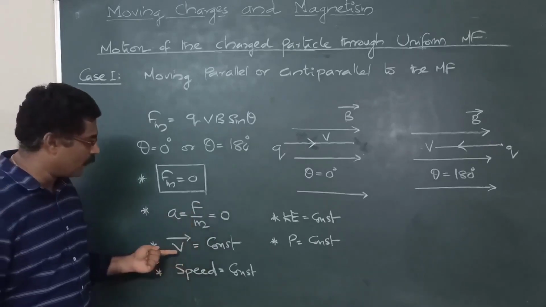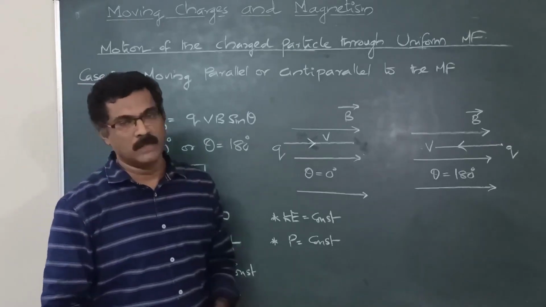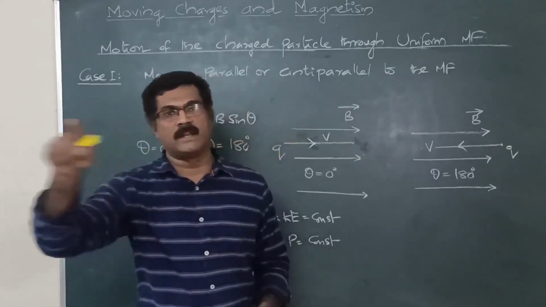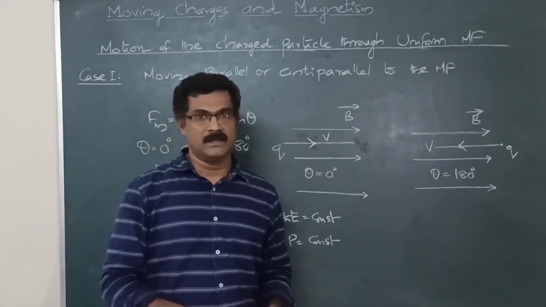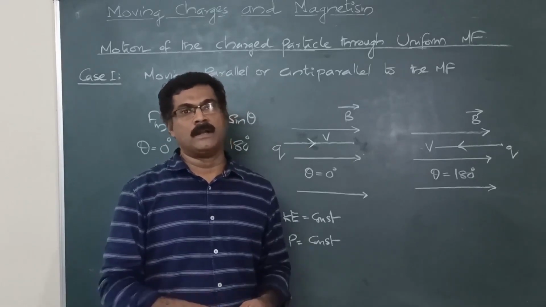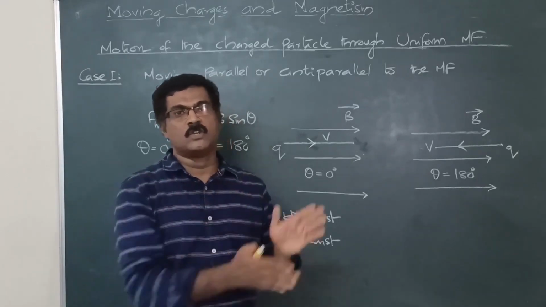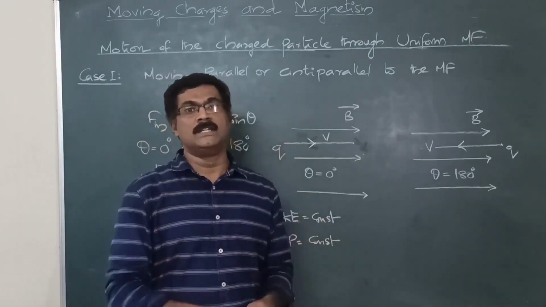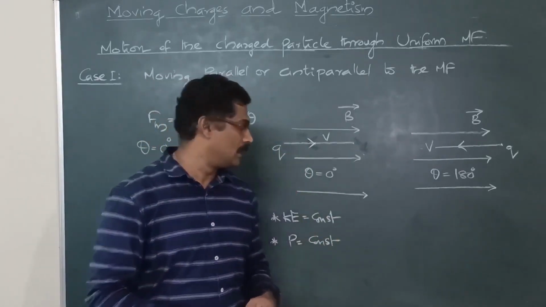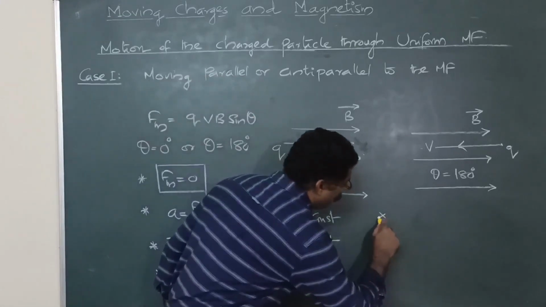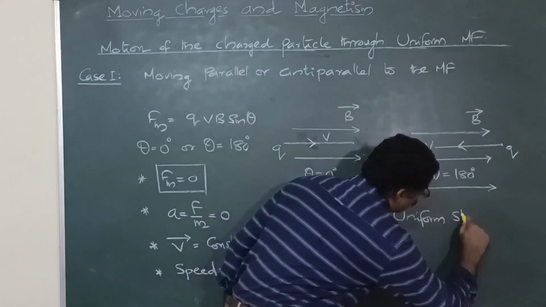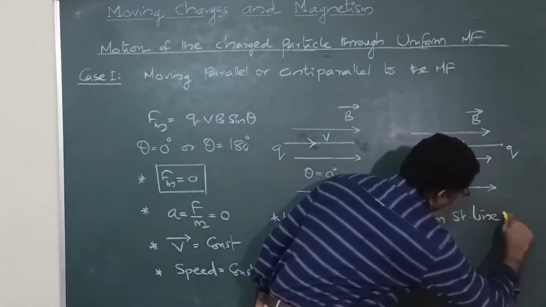Velocity is constant, that means the charged particle is moving along a straight line with constant speed, so the path is a straight line. And what is the motion? It is a uniform straight line motion. So we could conclude the motion of the charged particle as uniform straight line motion.